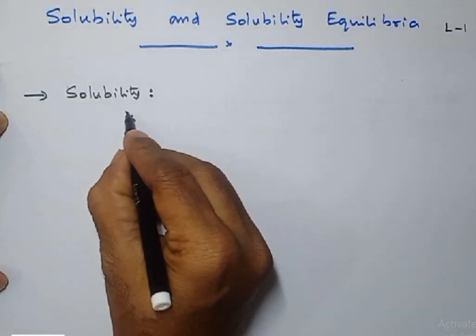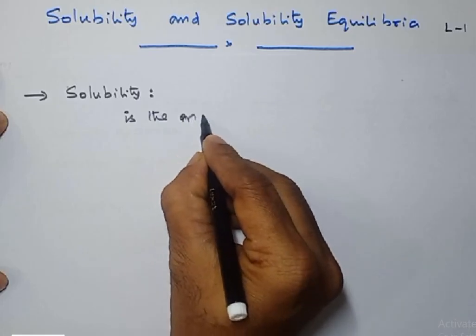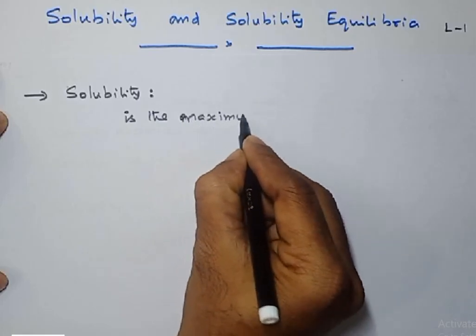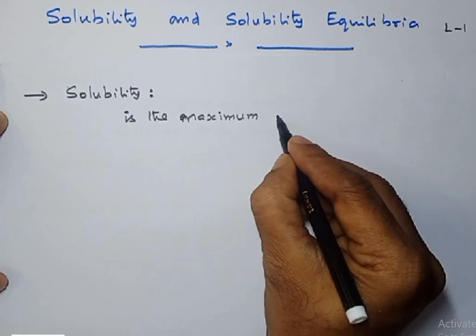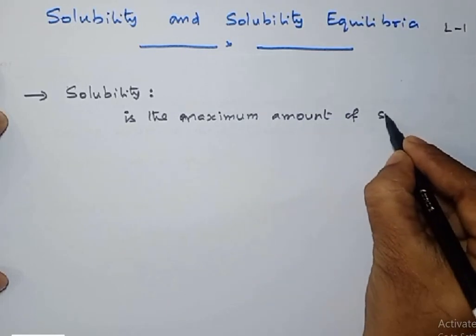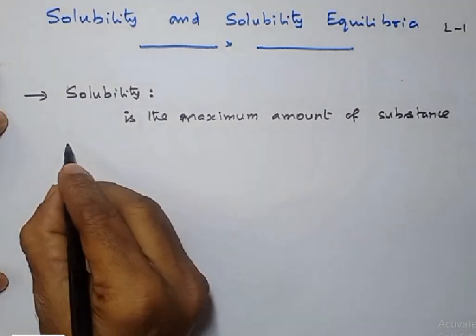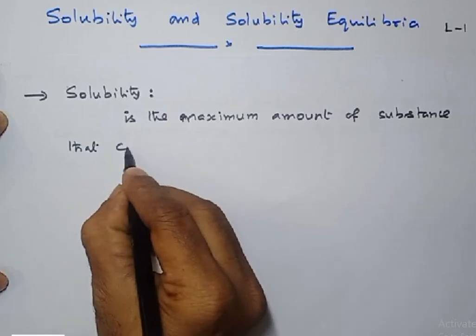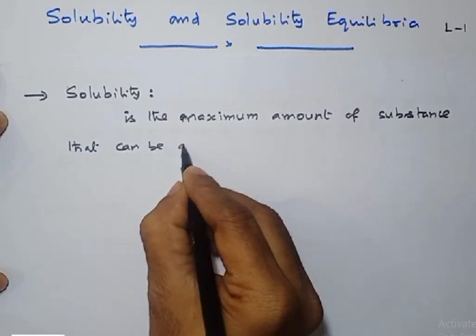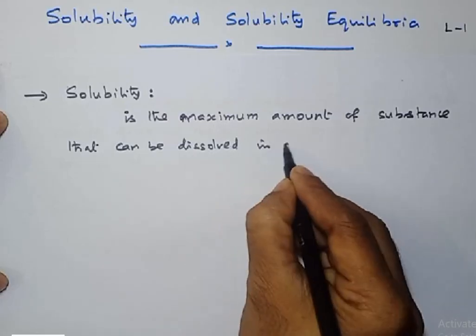Solubility is the maximum amount of substance that can be dissolved in a solvent.